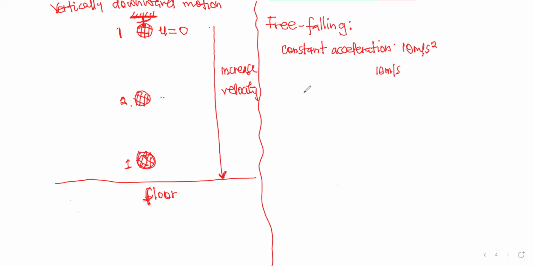So when you pick a cotton ball or cotton wool and hammer, or stone, or even feather and hammer, when you drop them at the same time, under the condition of free falling, feather and hammer are expected to fall at the same time. It doesn't matter the weight or the mass.